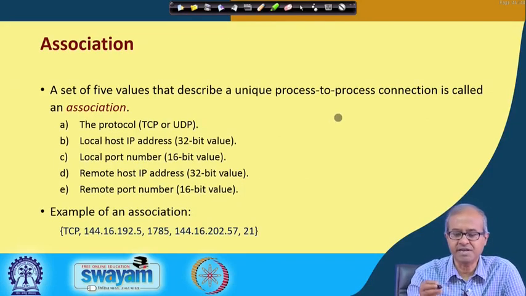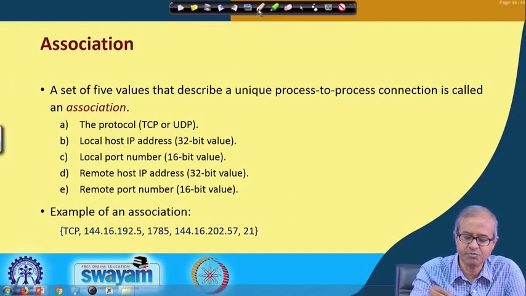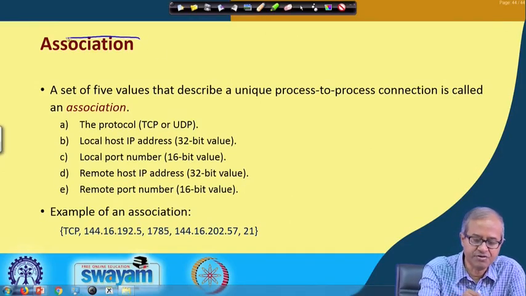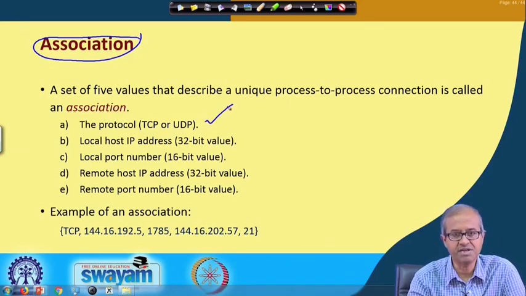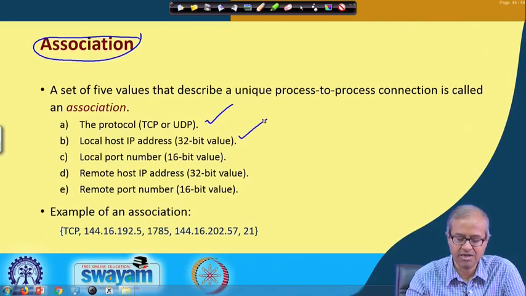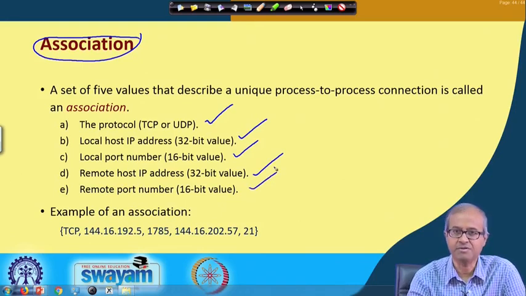This information you are providing is sometimes referred to as an association. These 5 values are the protocol you are using, local IP address, remote IP address, local port number, which can be an ephemeral port number, and the remote port number.